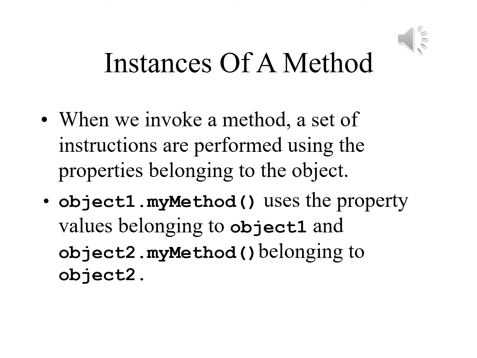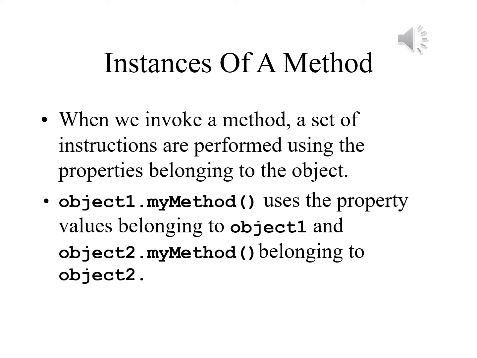When we invoke a method, a set of instructions are going to be performed using properties belonging to the object in question. Object1.myMethod uses the property values that belong to object1. If I had instead object2.myMethod, the data that it would use would belong to object2.